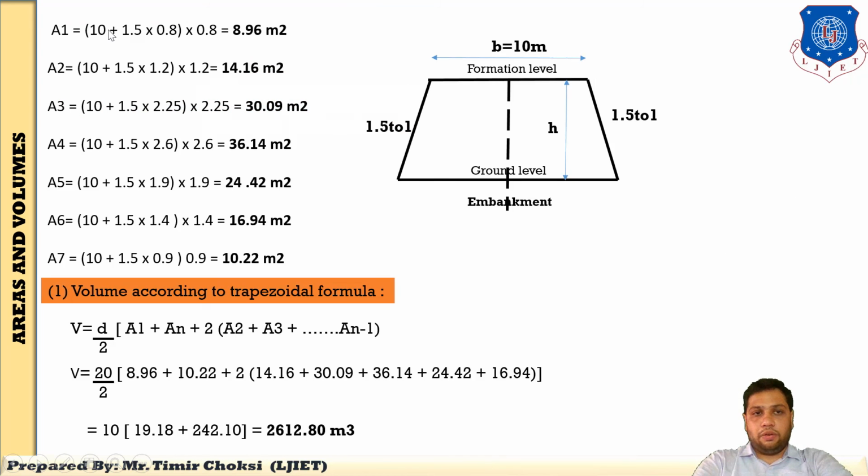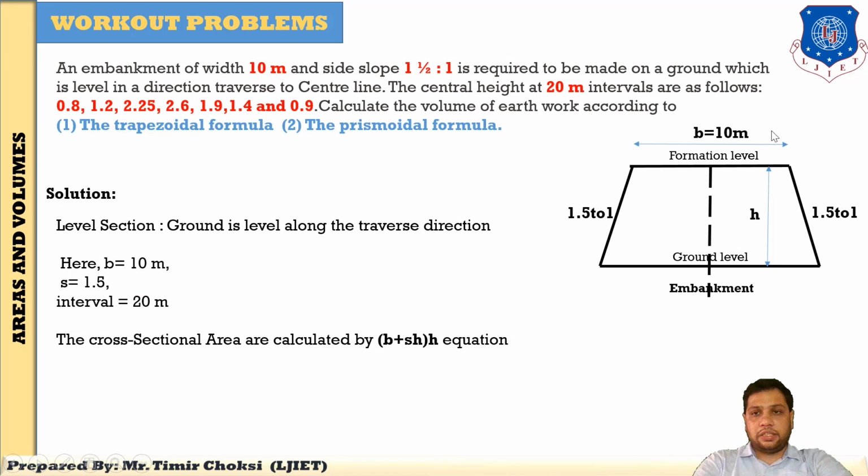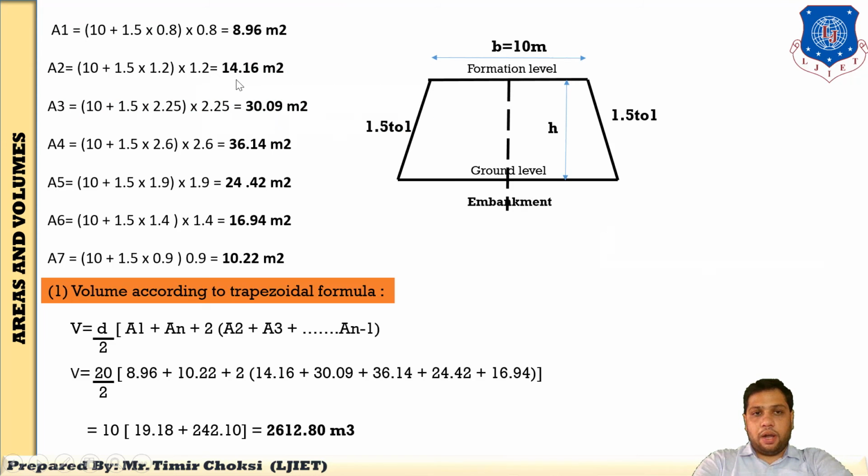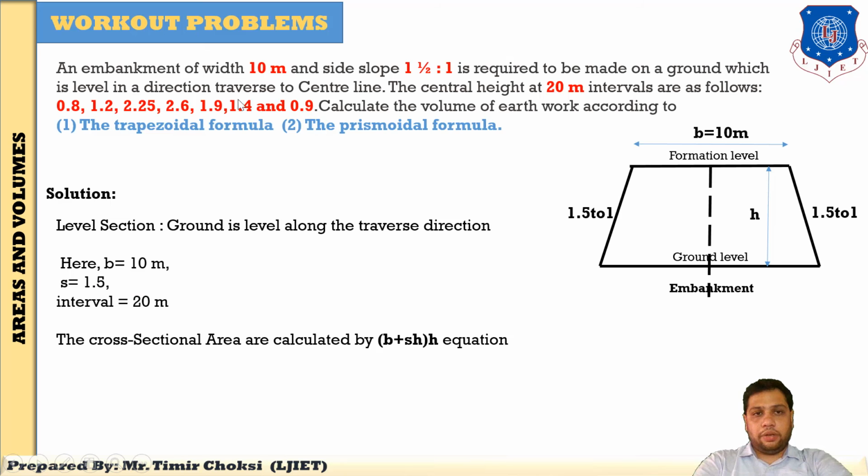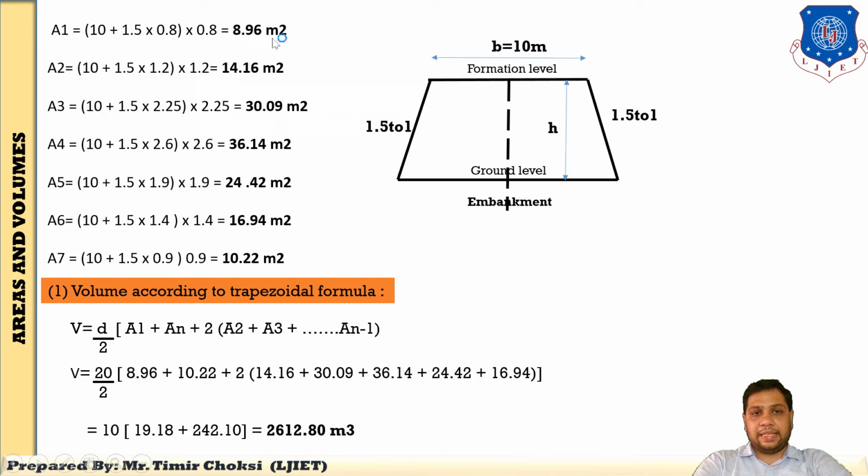B is known, so area A1: B equal to 10, slope is given 1.5. Now first height is given 0.8. So the answer is 8.96 meter square. Why meter square? Because you have found the area, so the unit is meter square. So the first area of cross section is 8.96.